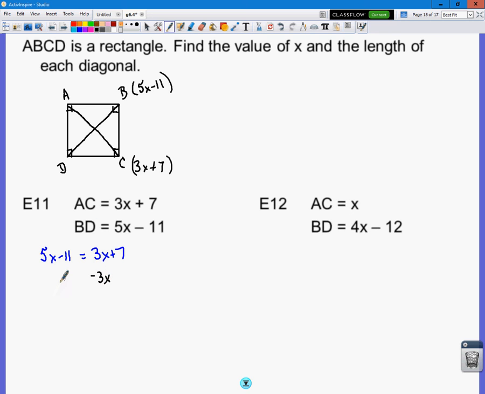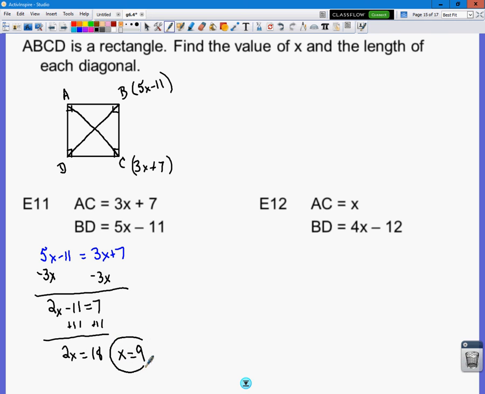Subtract 3x from both sides. 2x minus 11 is equal to 7. Add 11. 2x is equal to 18. So when I divide by 2, I get x is equal to 9. They asked me to find the value of x. I did that.